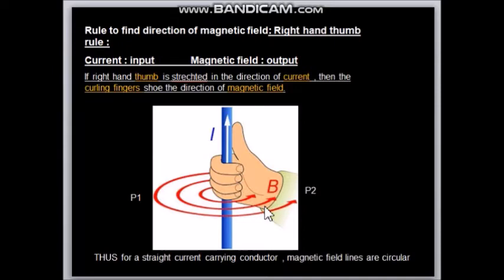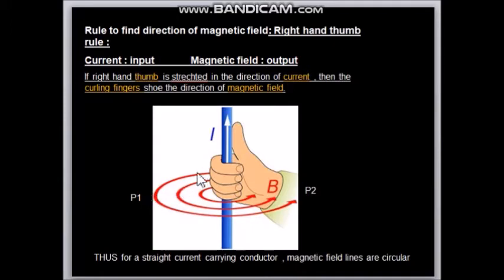Let's take an exercise. Suppose at P1 and P2 we have to find the magnetic field. For the same wire, that means for the same current, the magnetic field at two locations can be different. Suppose on the left side of the wire, at P1, we find the direction.